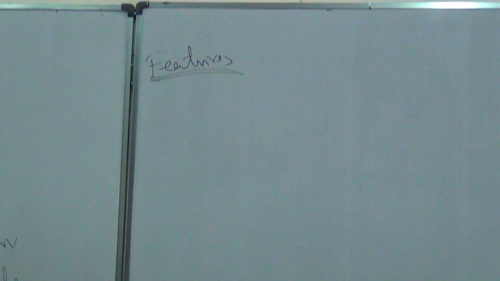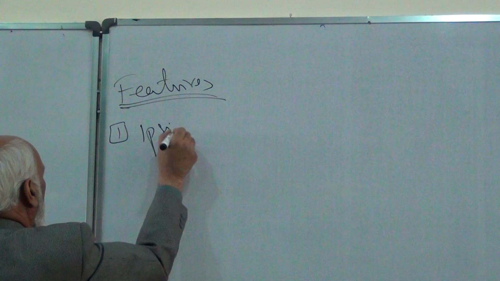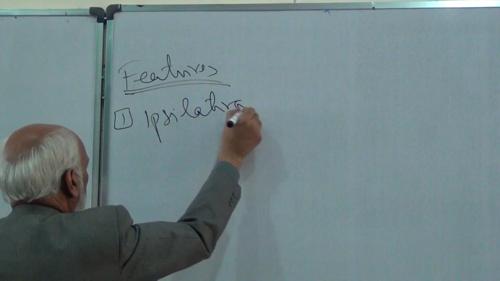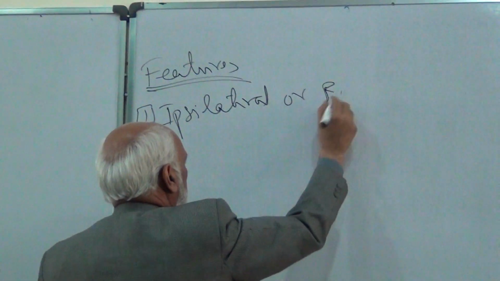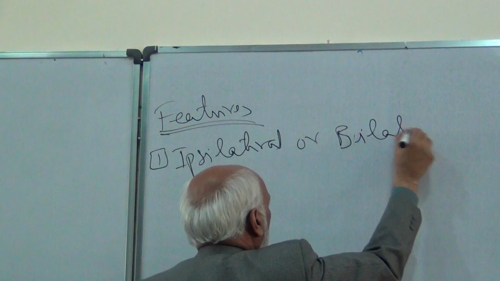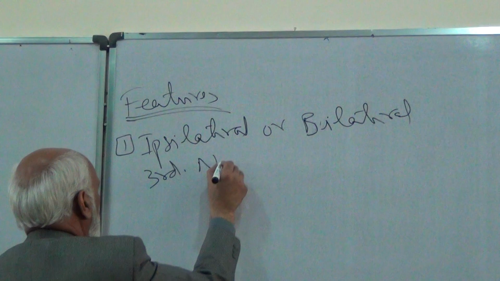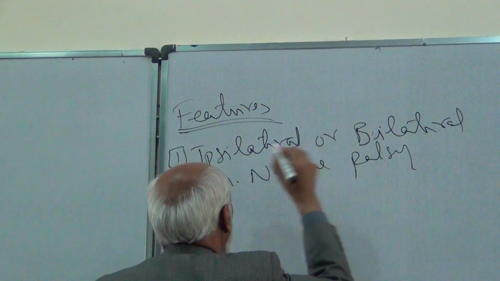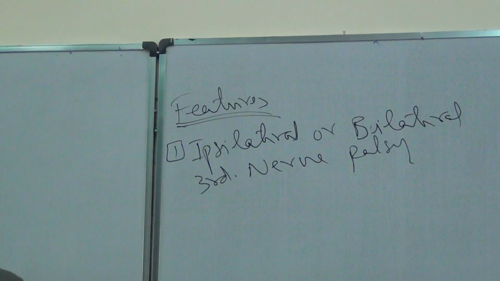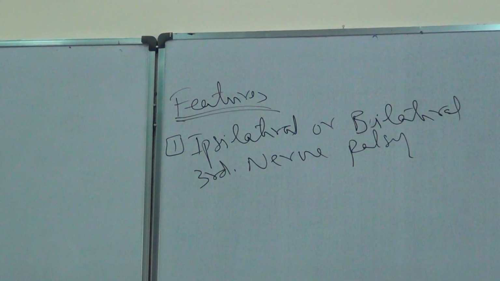Number one, there is ipsilateral or bilateral third nerve palsy, oculomotor nerve palsy on the same side.